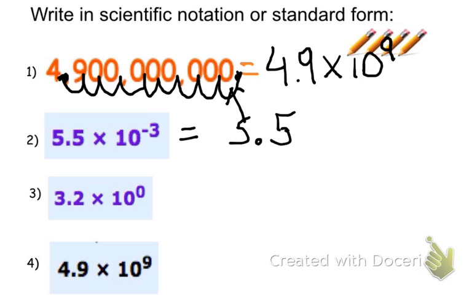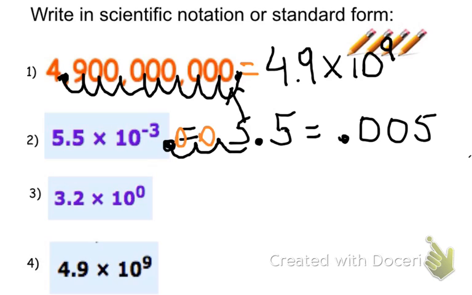So we are going from our original decimal to figure out what our new decimal placement would be by moving 3 spaces to the left. 1, 2, 3. We would then fill in those empty spaces with zeros. So our standard form for this number would be 0.0055.